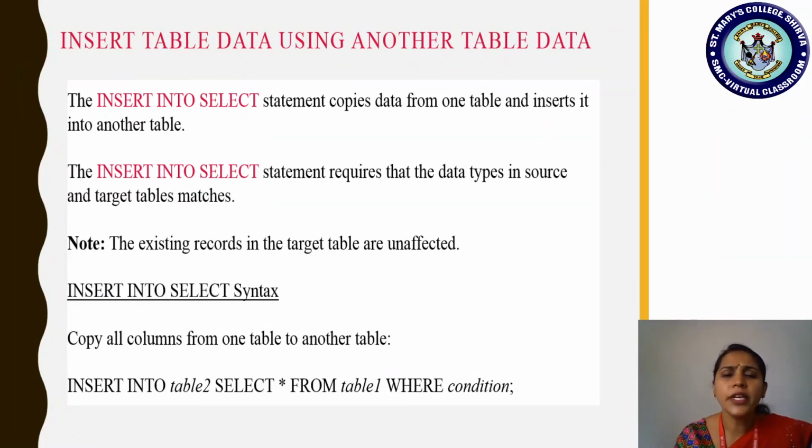If you are not particular that only a particular row has to be copied, then there is no need to mention the WHERE condition. If you specifically want to copy particular rows, for example, INSERT INTO target_table SELECT * FROM customers WHERE country = 'Sweden'. Whichever rows have the value Sweden for the column country, only those rows will be copied. So if you are very particular about copying particular data, then you can specify the condition, or else there is no need to specify.